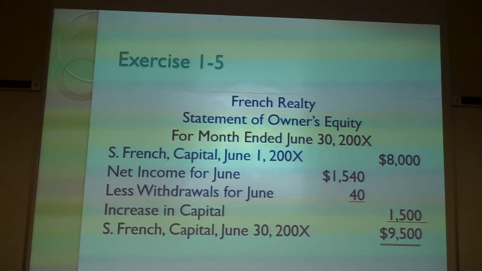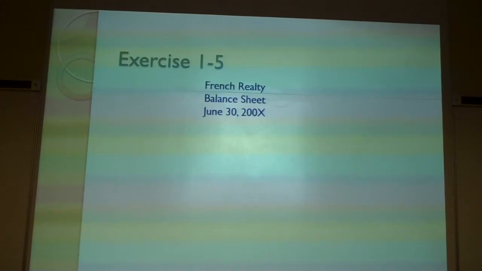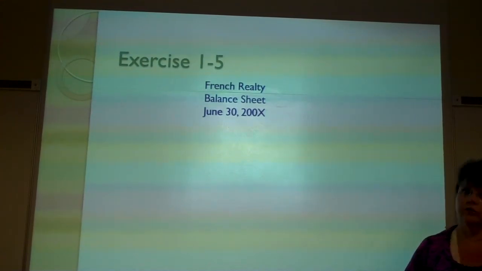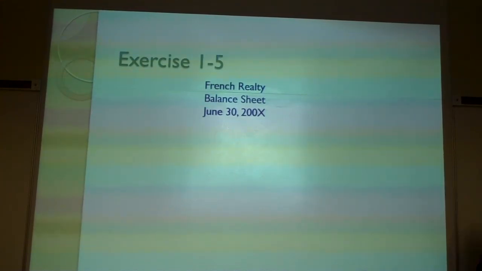What is the last statement that we have to do? Balance sheet. The balance sheet has a specific date. It's a snapshot of what the company looks like on a particular day. So on June the 30th, this is what the balance sheet looked like.